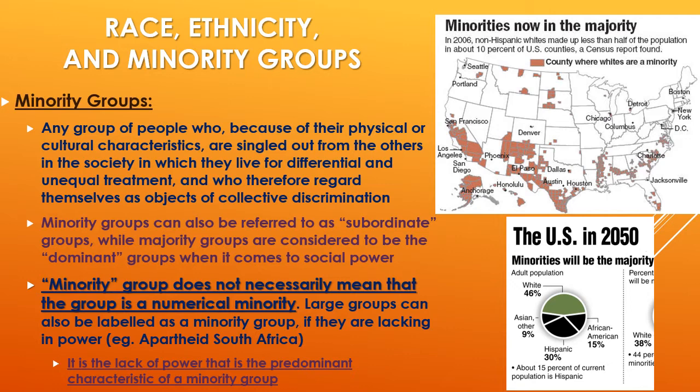However, keep in mind the term minority group does not necessarily mean that the group represents a numerical minority. Large groups of people can also be labeled as a minority group.